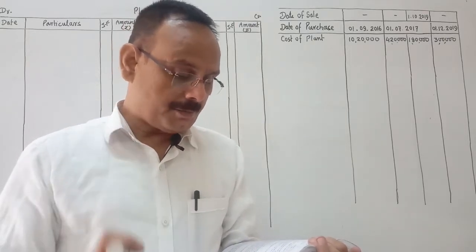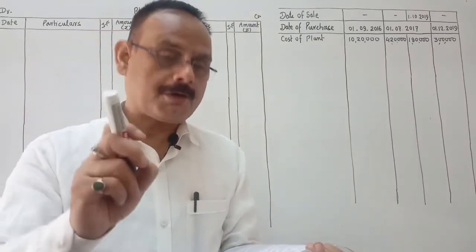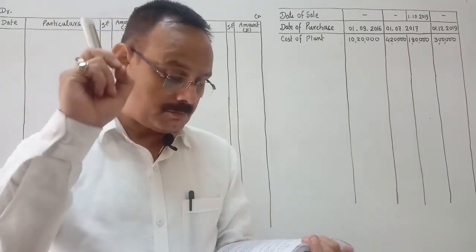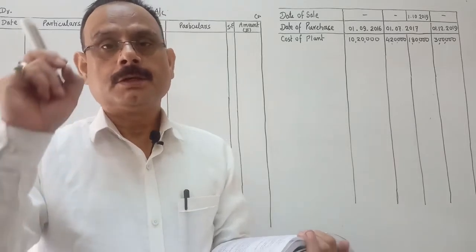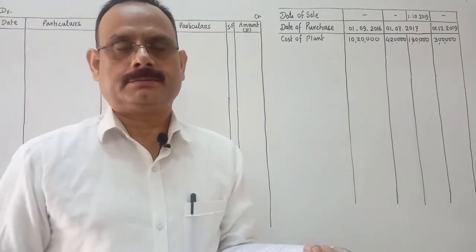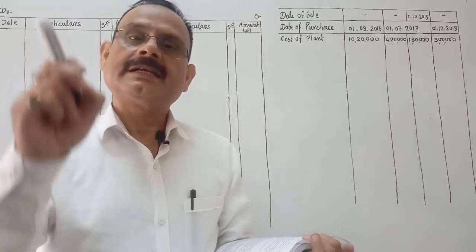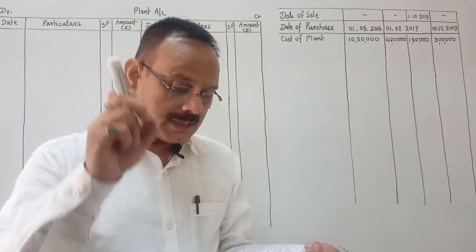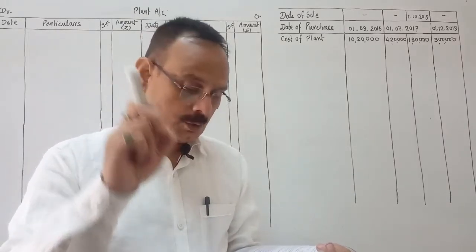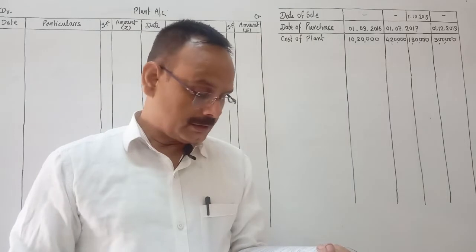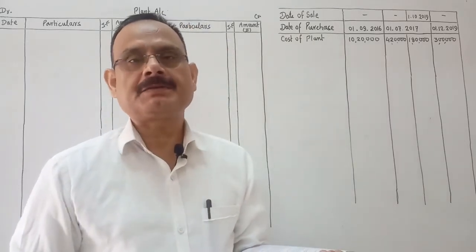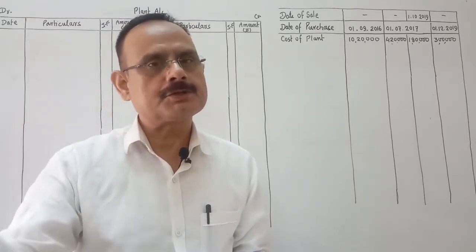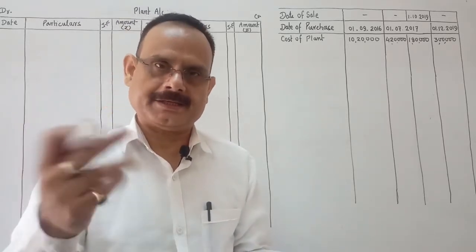The firm writes off depreciation at the rate of 10% per annum on original cost method, means straight line method. Its accounts are closed every year on 31st March. It means the financial year starts from April and closes at 31st March of the next year.